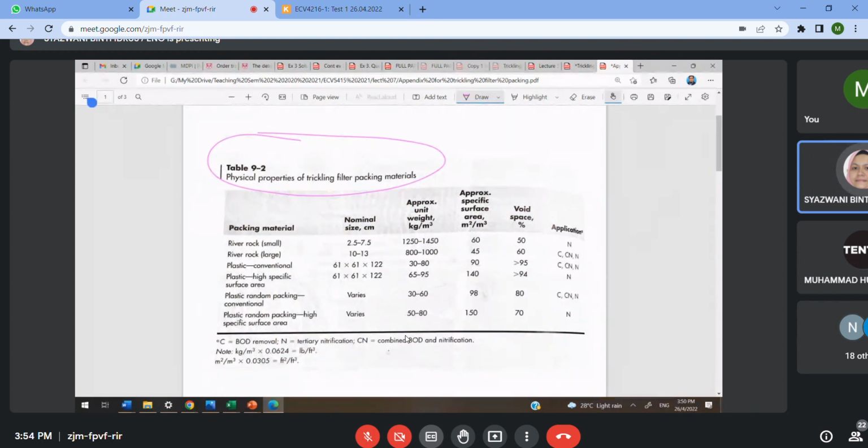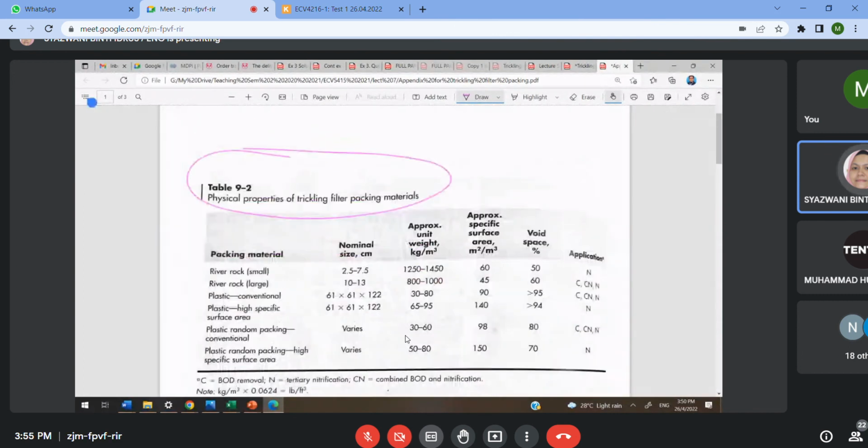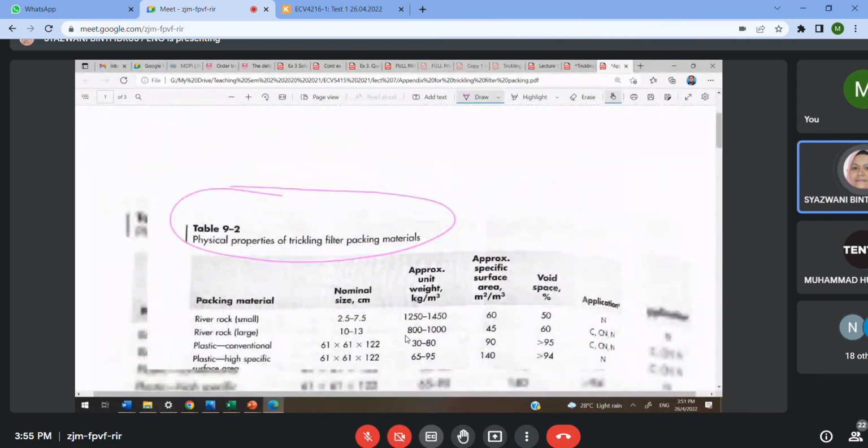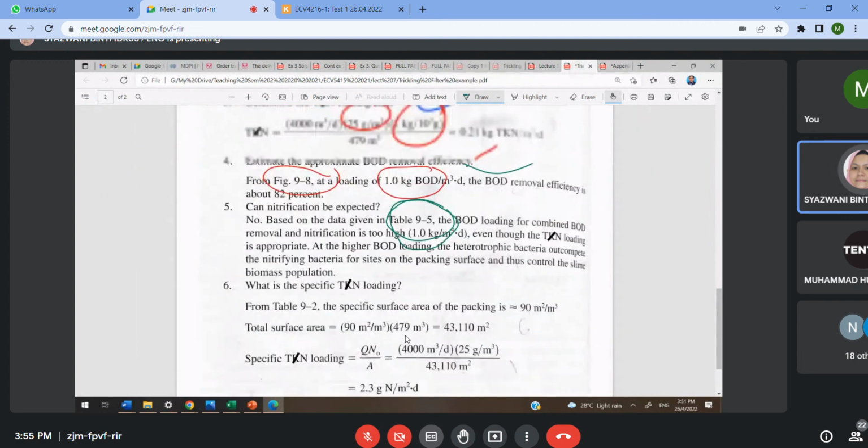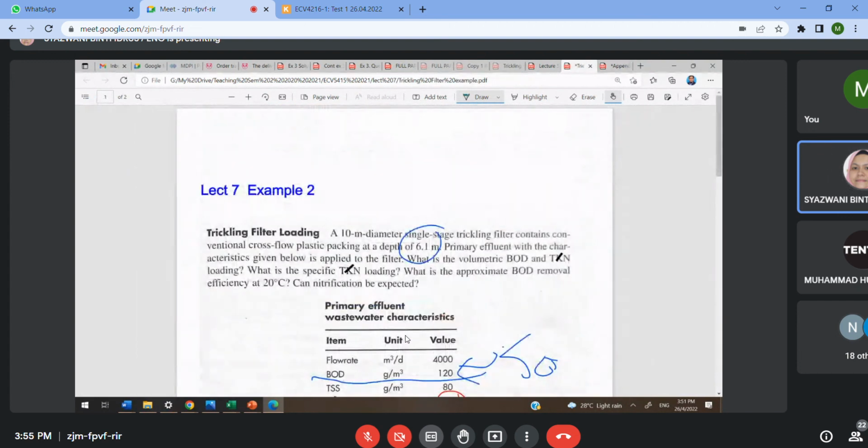Okay, let's study one by one. The first column is actually the packing material that we would like to use, the filter media. In this case, it is clearly mentioned in the question: conventional cross-flow plastic packing.